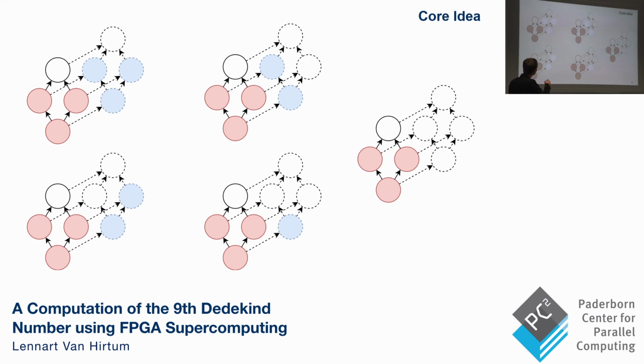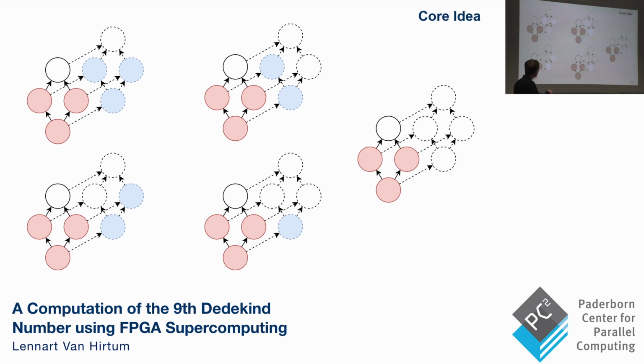In this case, none of these extensions violate the rule that we have a white node under a color node. So for this specific one, we have 5 possibilities.